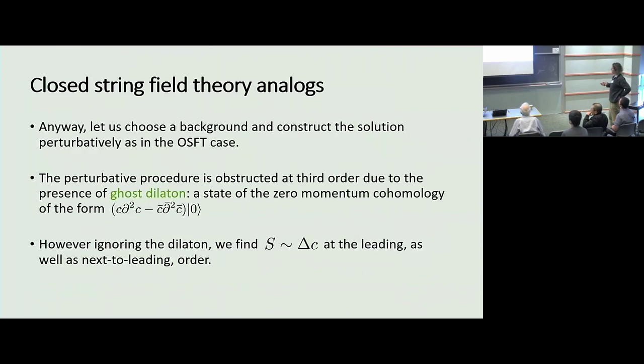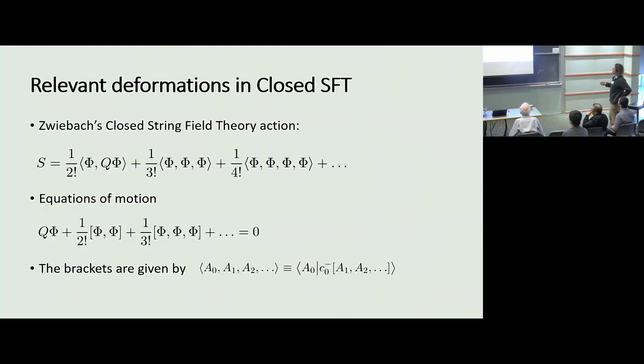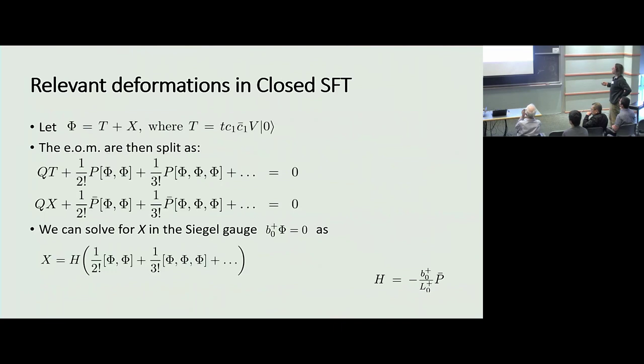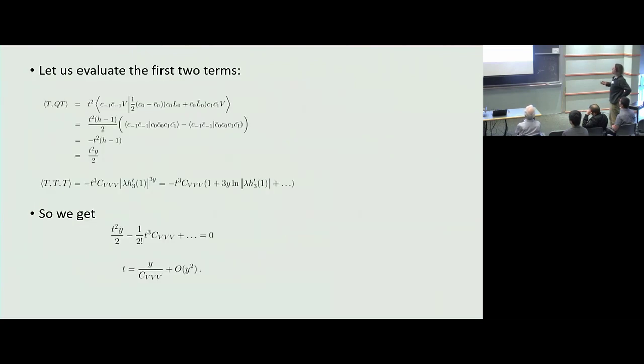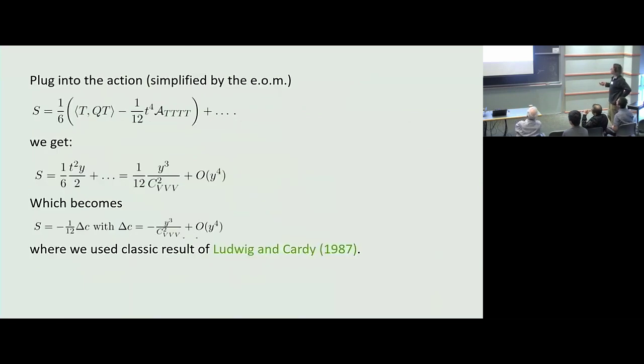So what we have found is that we solved, analogously, perturbatively, these equations of motion coming from closed string field theory. Again, we split into 2 parts, and we do a little calculation. We use the result of Ludwig and Cardy, and what we find is that the closed string field theory action changes by minus 1/12 of the change of the central charge.